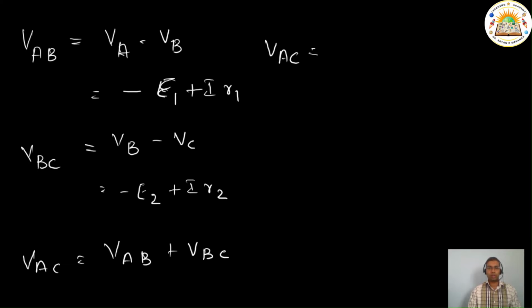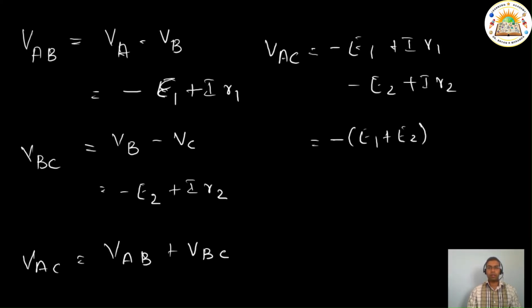VAC is equal to minus E1 plus IR1 minus E2 plus IR2, which we can write as minus of E1 plus E2 plus I of R1 plus R2. Or we can write the same thing as VCA is going to be equal to E1 plus E2 minus I of R1 plus R2.